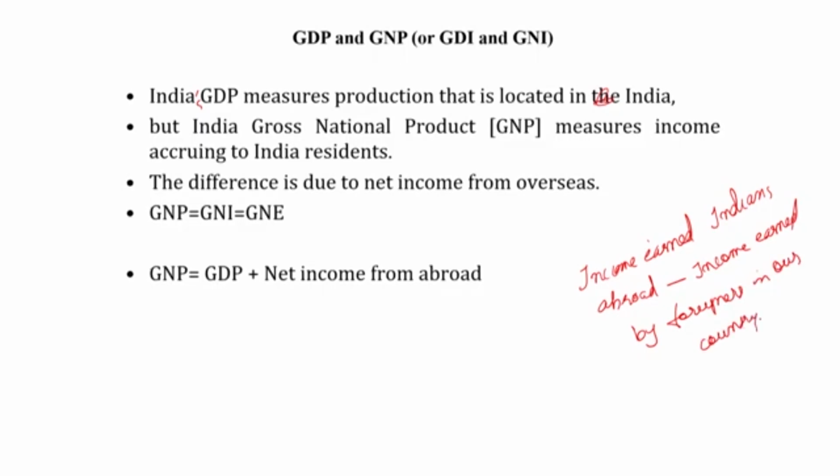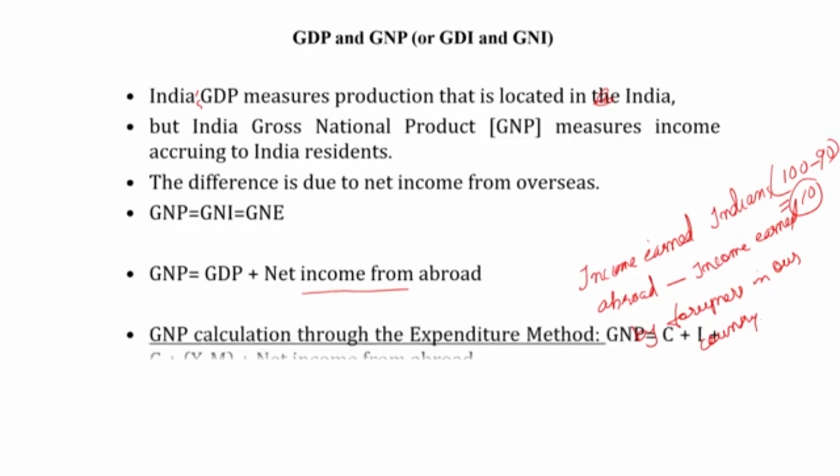That is how we define the net income from abroad. Suppose India earns 100 billion abroad and foreigners earn here 90 billion. So the net income from abroad is $10 billion. So GNP is calculated as GDP plus net income from abroad.